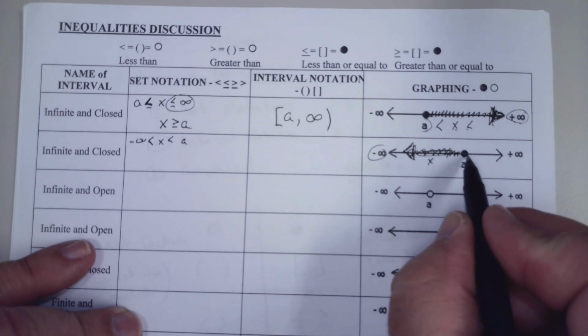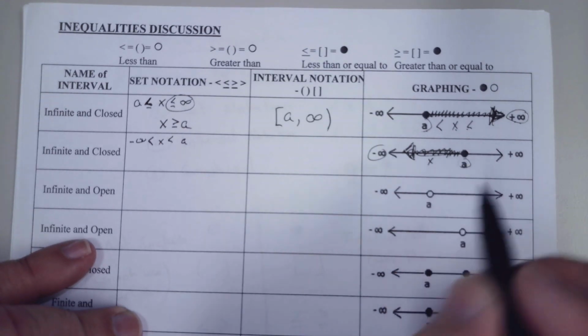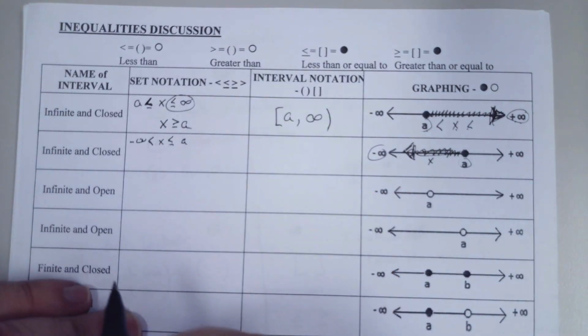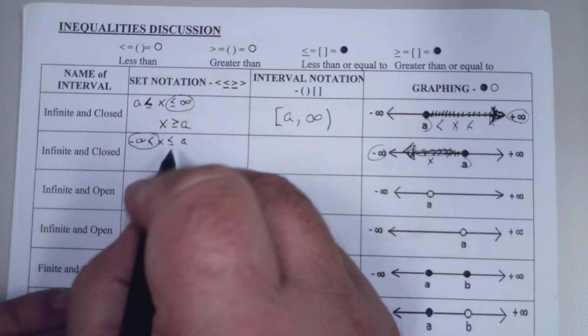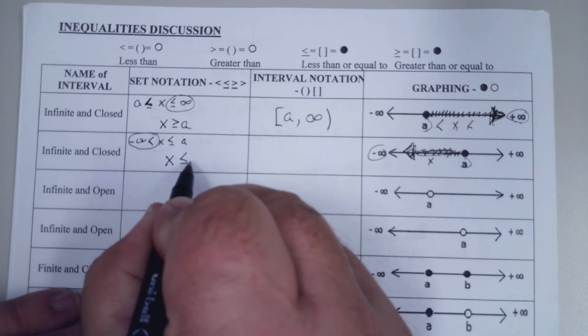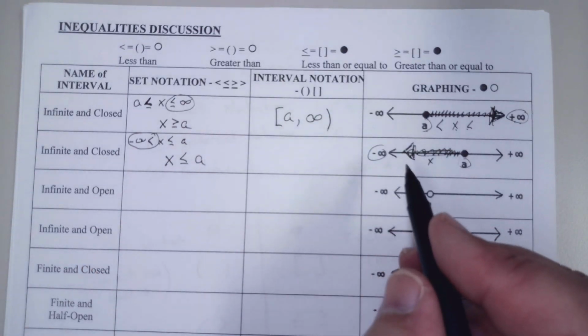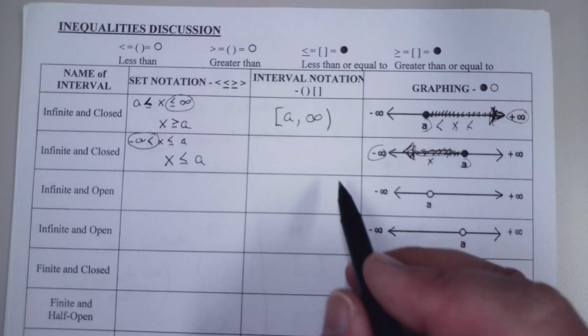But A is included, so we can use that. But again, this is redundant, because if x is less than A, then that means automatically it goes to the left.